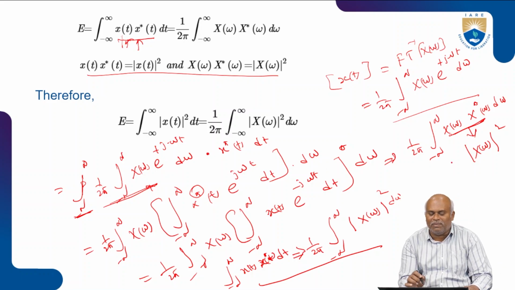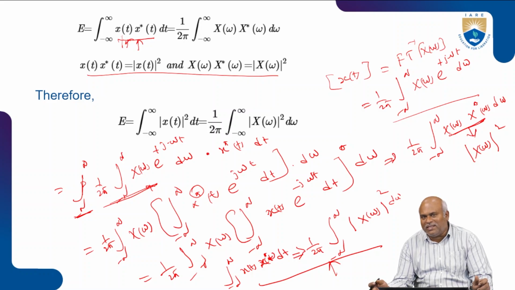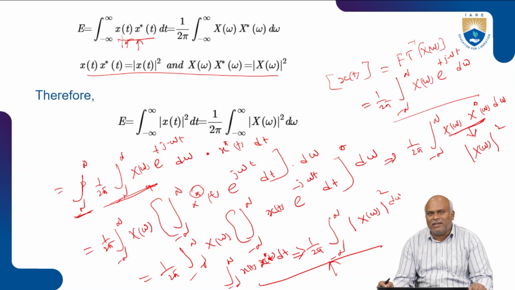Finally we got the Parseval identity statement. Now the Parseval identity statement is proved. Okay. Therefore the Parseval identity in the time domain for the energy case: the integration of minus infinity to plus infinity x of t mod square dt is equal to 1 by 2 pi.